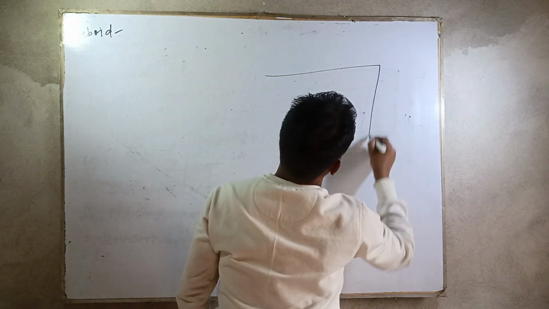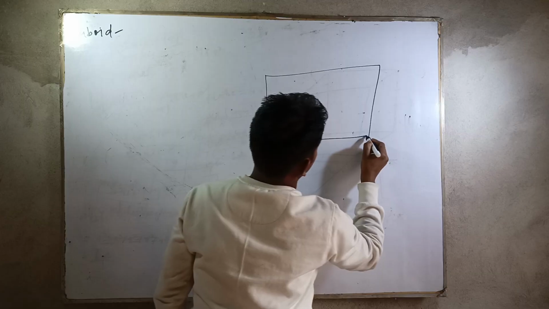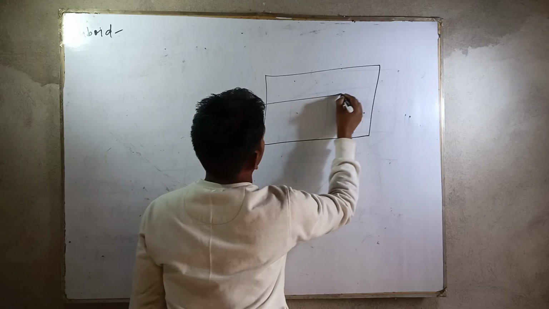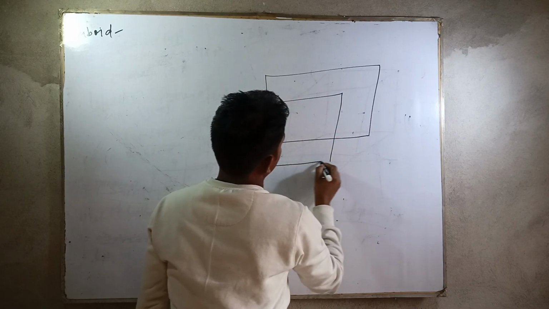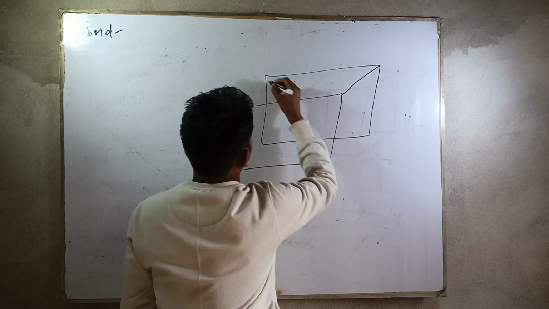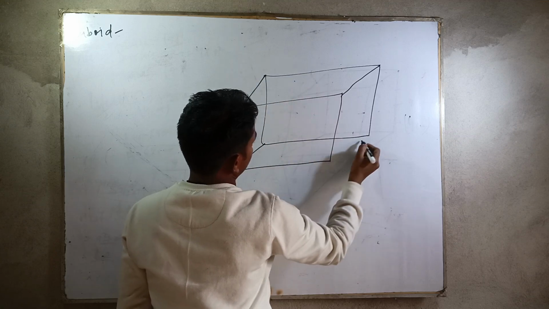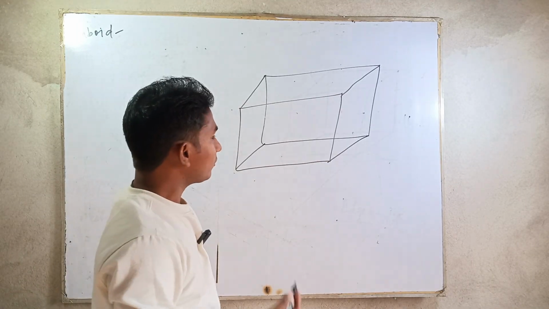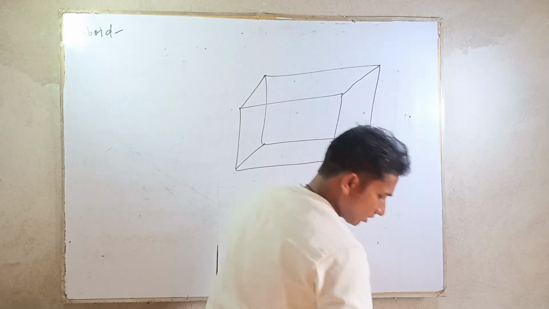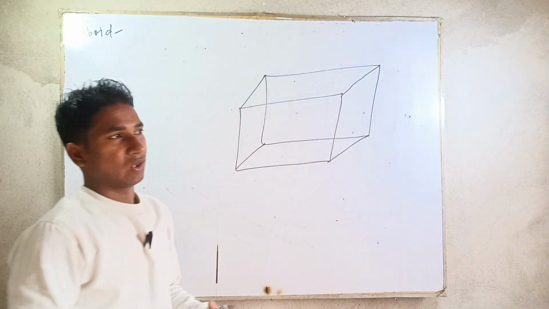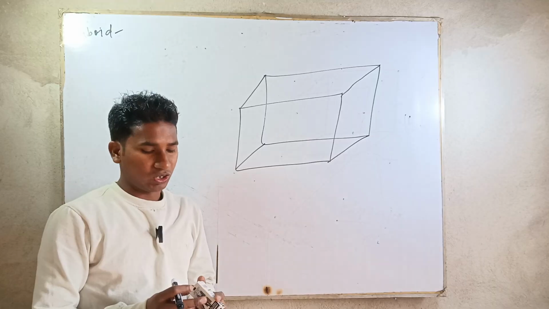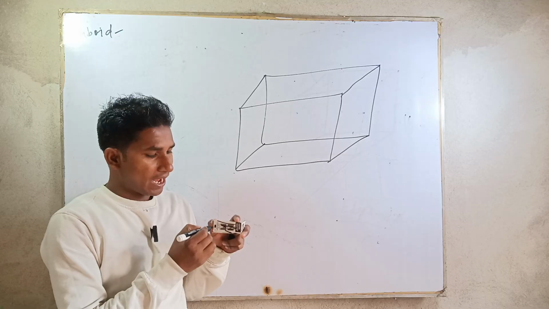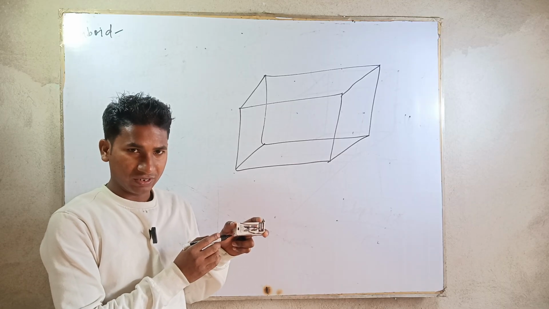Suppose this one is a cuboid. I have one figure, one image, so you may understand all these things. This one is face, edge, height and breadth.